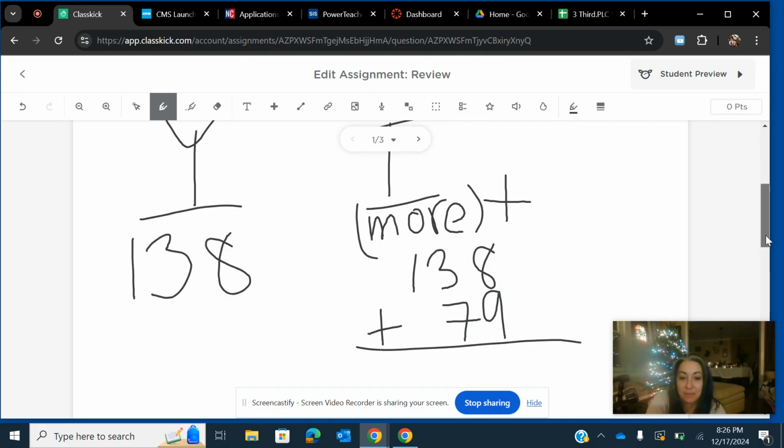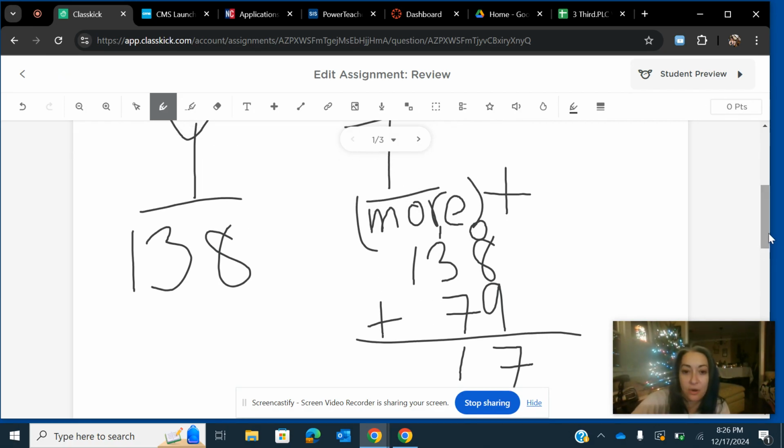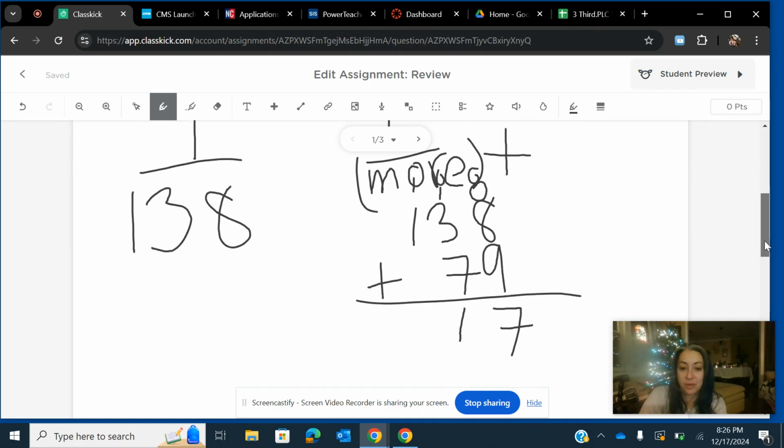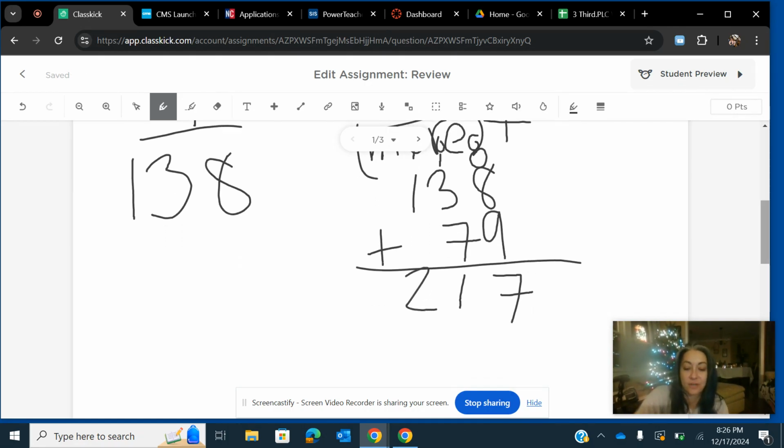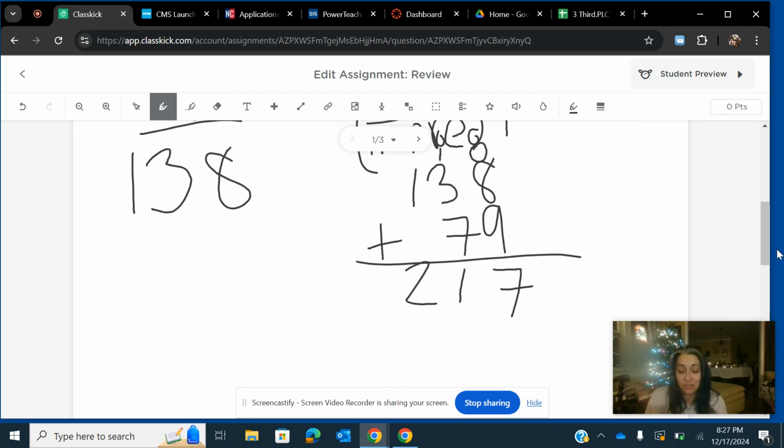So we have 8 plus 9, 9 plus 8, 17. Okay, 7 goes down here, but that's really 7 ones and 1 ten. Now I can add these together. 7 plus 3 is 10, plus 1 more is 11, okay? So I put this down here. I'm going to carry that 100 over here. 1 plus 1 is 2. All right, so it looks like for today, he knocked off 217 ornaments.